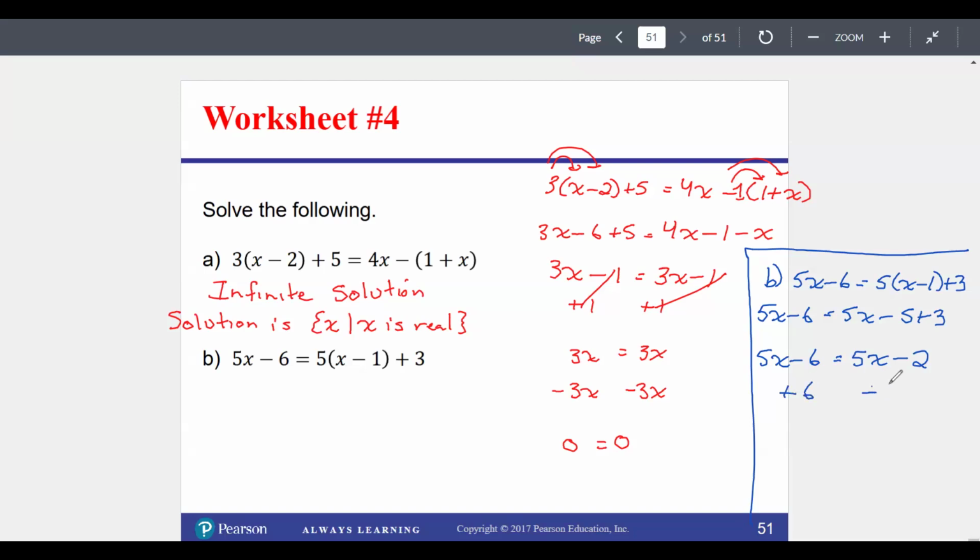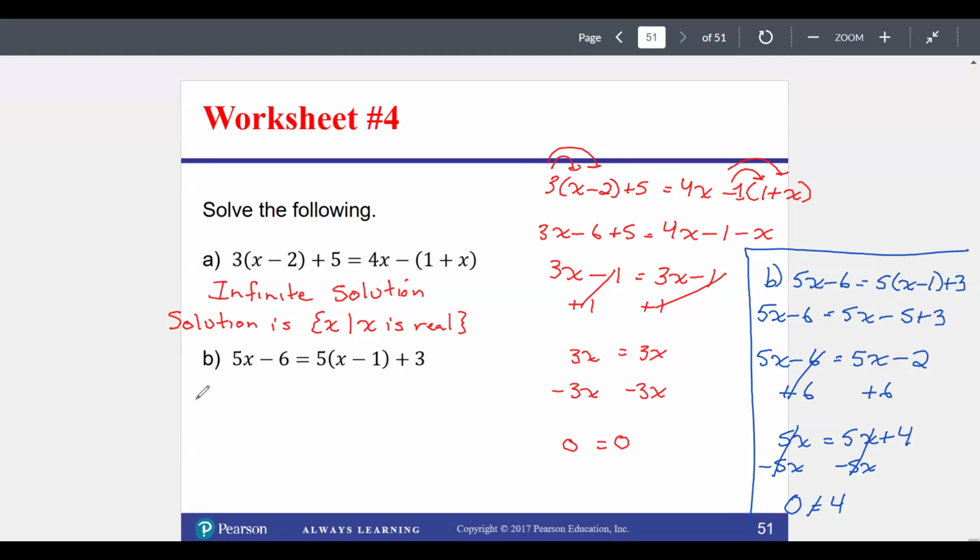Well, let's keep going. We add the 6, see what's going to happen here. And we get that 5x is equal to 5x plus 4. We're going to subtract that 5x because we're going to try to isolate our constant. And we're going to end up with 0 on this side because everything's disappeared, and 4 here, which is not equal to each other.